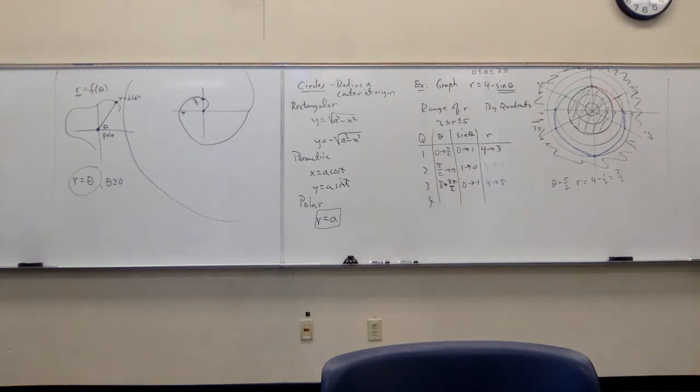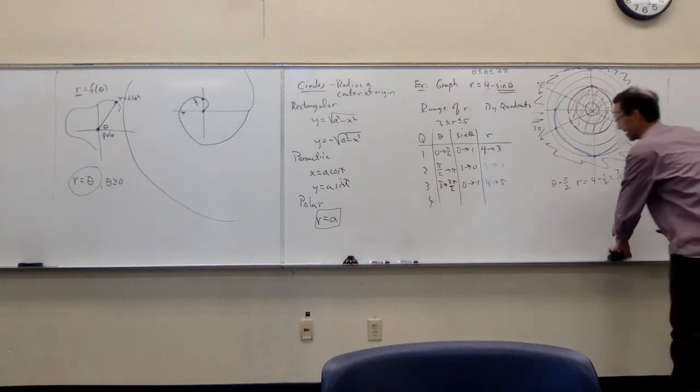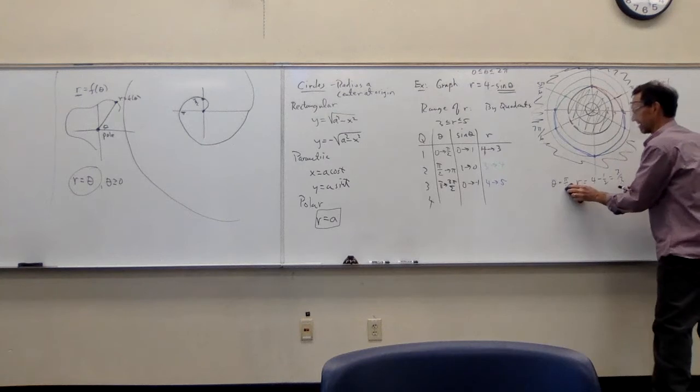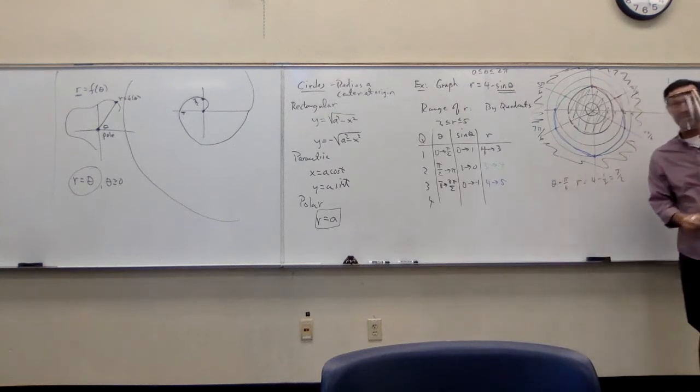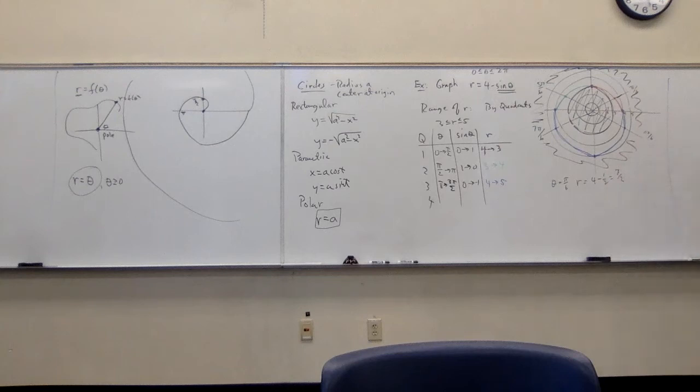Scott? On the bottom of the graph on the right, isn't theta supposed to be pi over 6? Yes, it is. The calculations are right. Good spot. Some of you have been worried about that for a little while. Victoria?